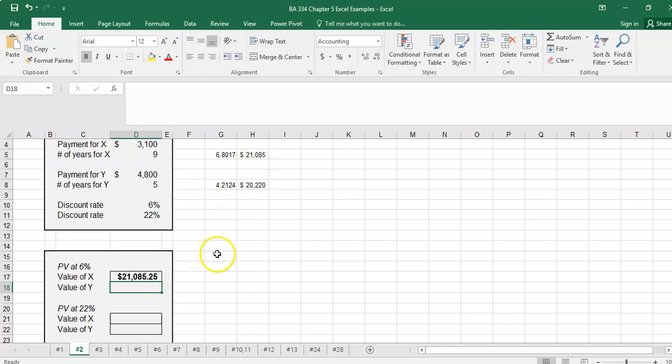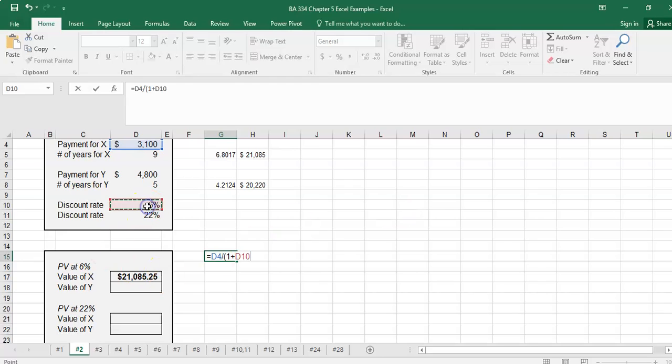We can also use the present value calculation, which remember is the future value. So the 3,100 divided by 1 plus the rate, to the power of the number of years, or the number of periods.